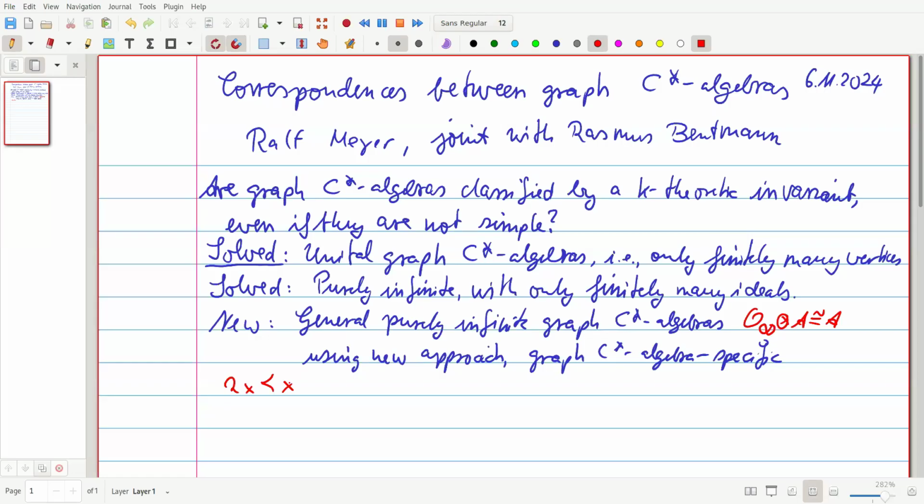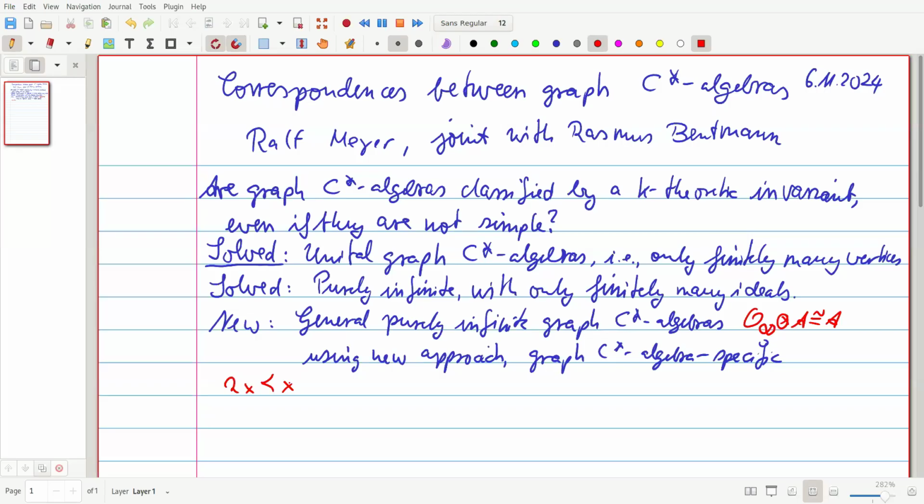And the condition there would probably be something like you have to rule out these components which are like circles, where you have just one loop and you get the functions on the circle as a subquotient, or that tensor compact, which you don't want. Also, the AF case must be ruled out. And I would believe that if there is no subquotient like that, then it would be purely infinite.